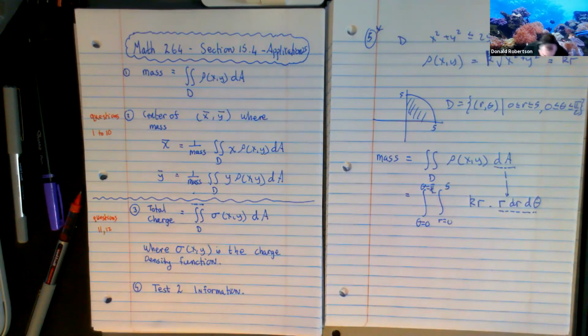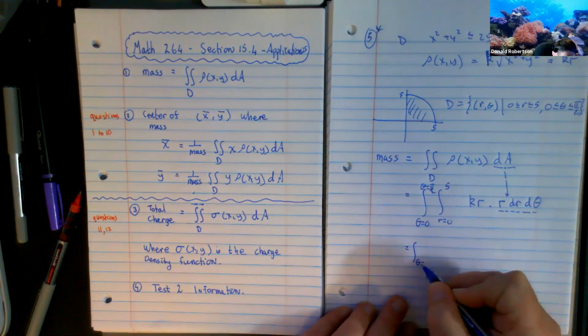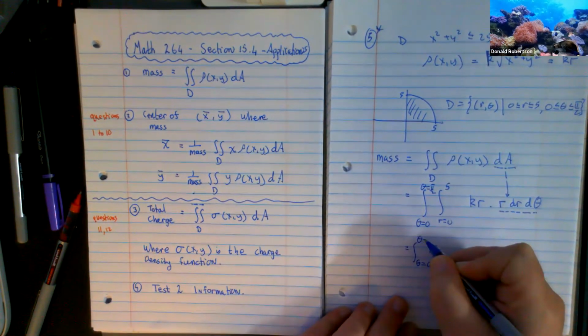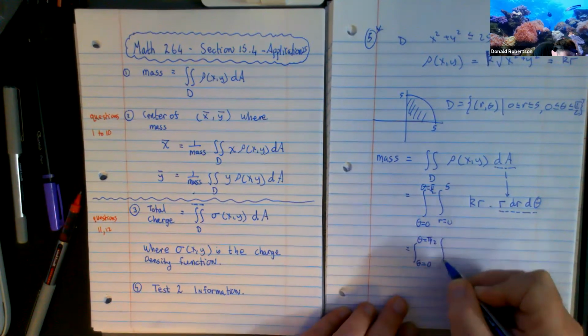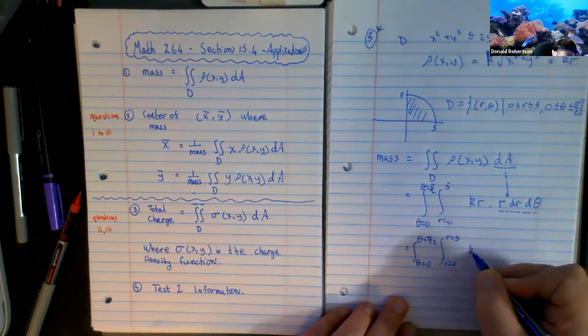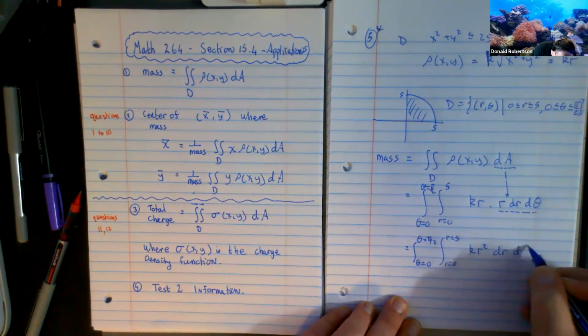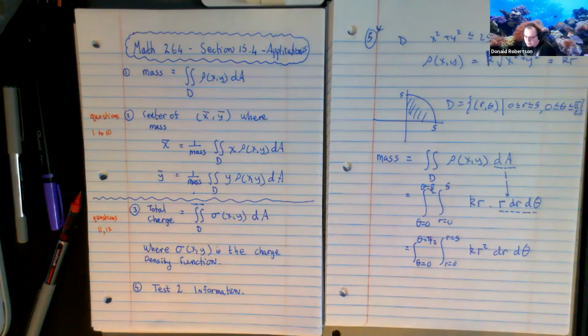Easy to forget. So it's now going to be the integral from theta equals 0 to pi upon 2, R equals 0 to 5 of K R squared dr d theta. Are we good?